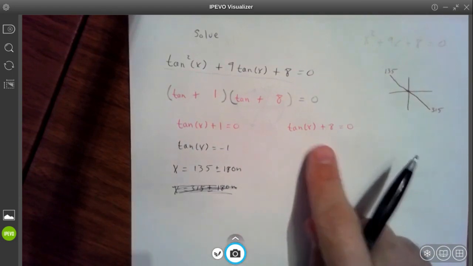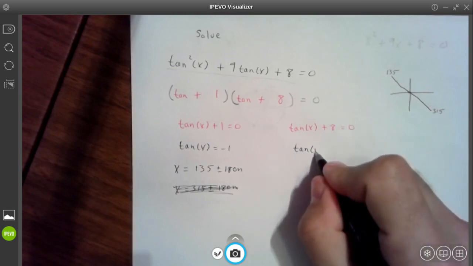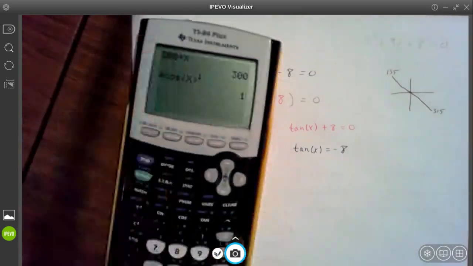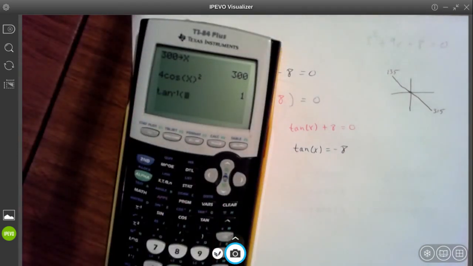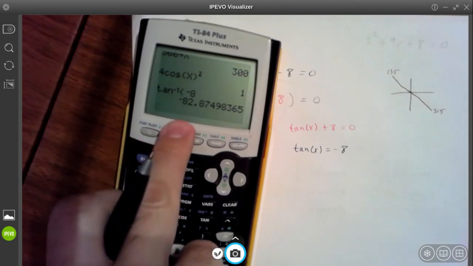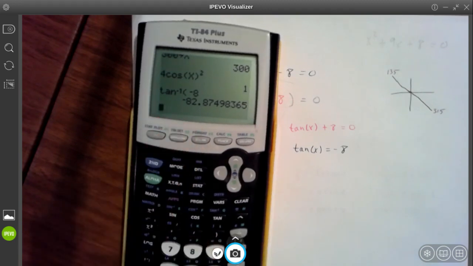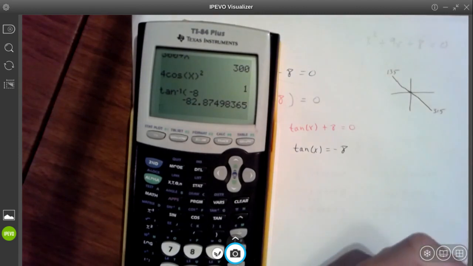For this one, we're going to have to use the inverse tangent. Tangent is equal to -8. So I'm going to say inverse tangent of -8. And this gives me my base answer of -82. You could use that. You could do -82 plus minus 180. I'm going to go ahead and add 180 to it just to bring it between 0 and 360.